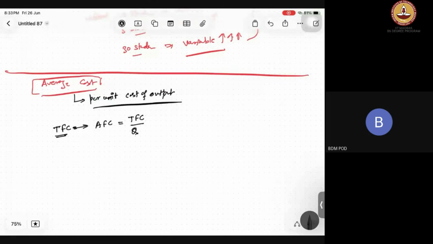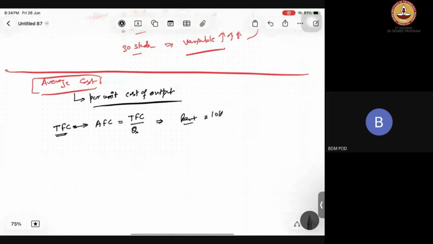Just try to understand this, because initially we said total fixed cost is fixed, right? But suppose you rented a room. When we used to study, we used to rent a room and we had roommates. Some people live as a single user and some share the room with their friends. If you have a single occupancy room, you need to pay a rent of nearly 10K.